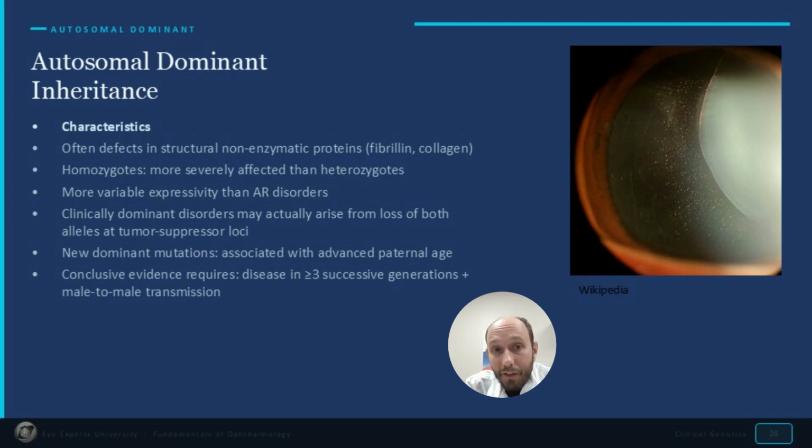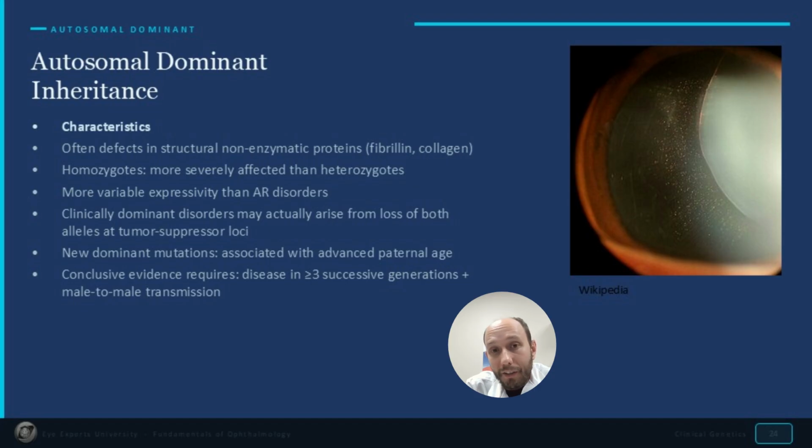So typically homozygotes are much more severe and usually those are lethal. The variable expression is, again, more prominent here than in autosomal recessives, just because autosomal recessives tend to be all or nothing, versus here sometimes they affect things more than others.